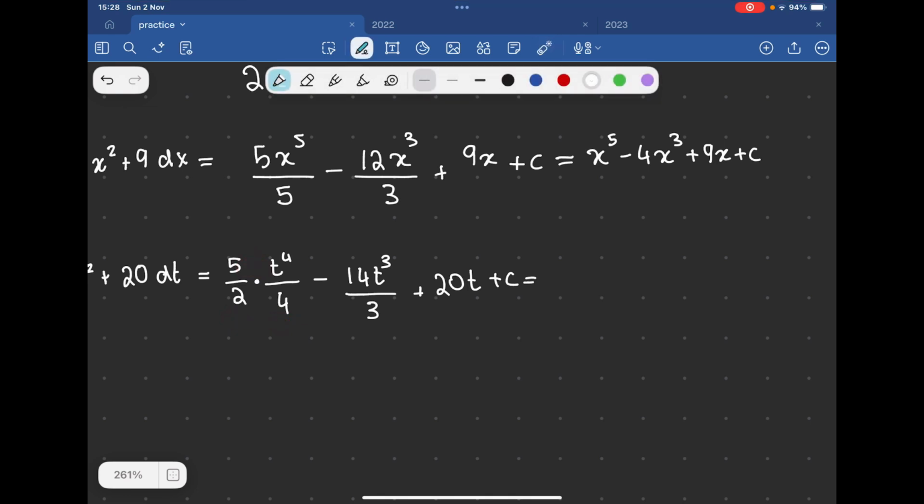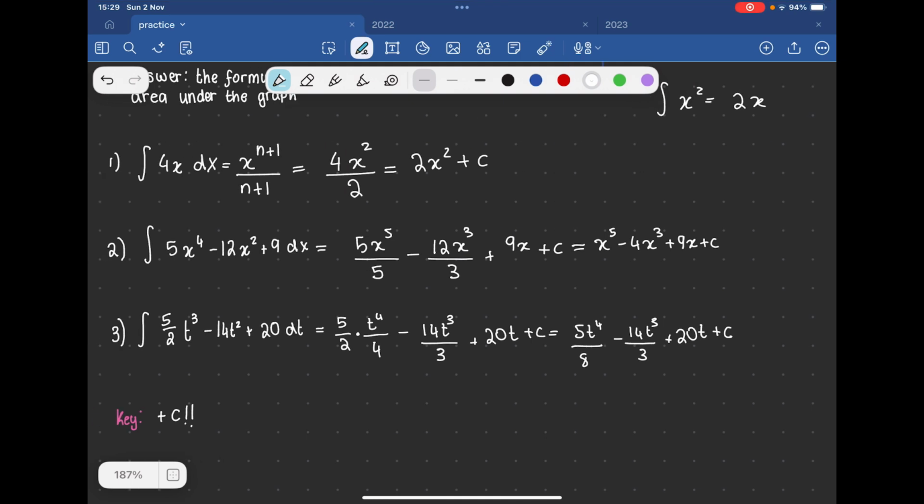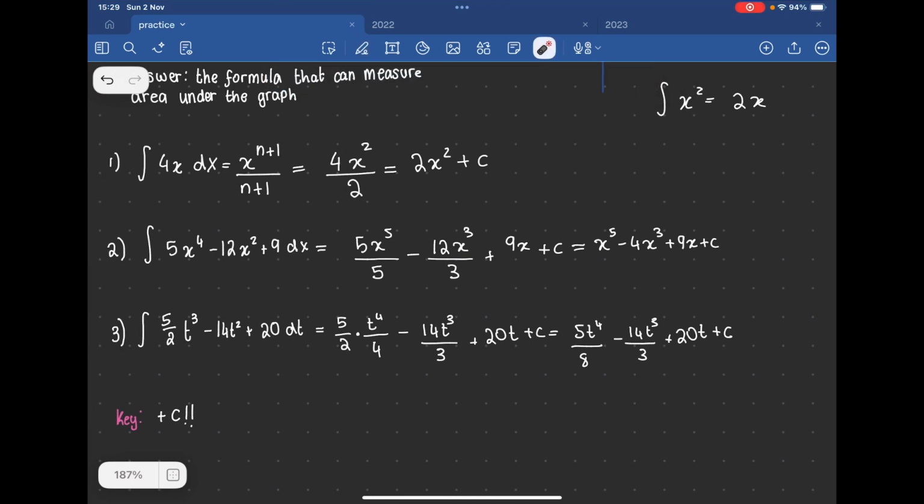So that will equal 5t^4 over 8 minus 14t to the power 3 over 3 plus 20t plus c. That's essentially what indefinite integration is. And the key, which is always worth 1 mark, is to add your plus c.